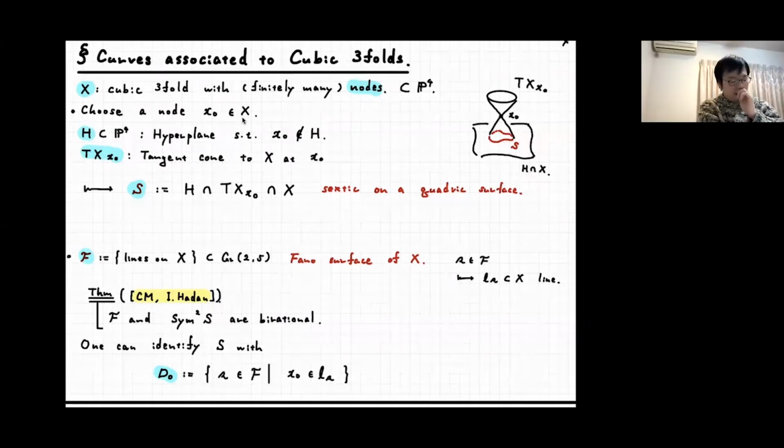Yes, I need to check in detail, but I think that capital S is isomorphic for any choice of the capital H. So there's no problem. And first of all, we take the node. So it means that S is not unique for capital X. It depends on the choice of the node.